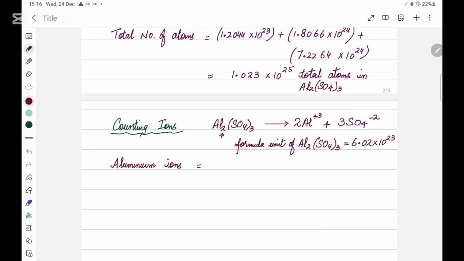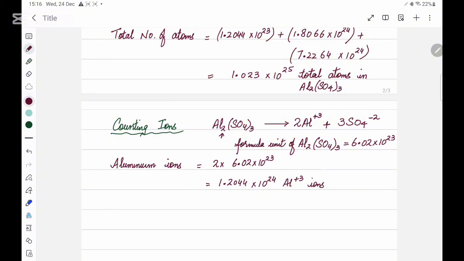To find the aluminium ions, it is going to be 2 times 6.02 times 10 raised to power 23, so it is going to be 1.2044 times 10 raised to power 24. These are aluminium ions.